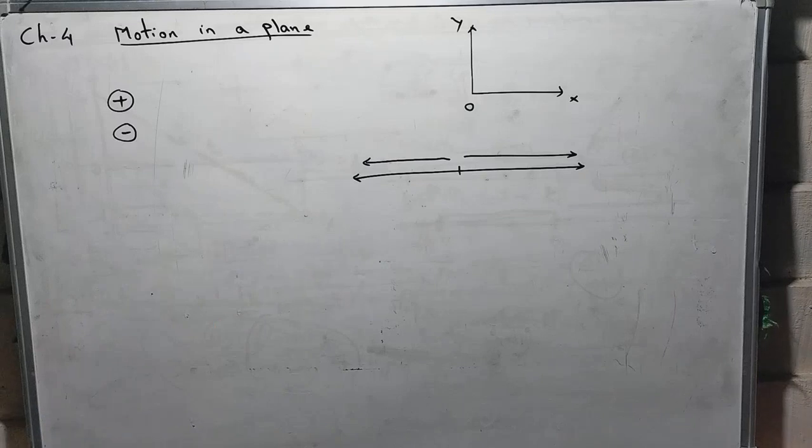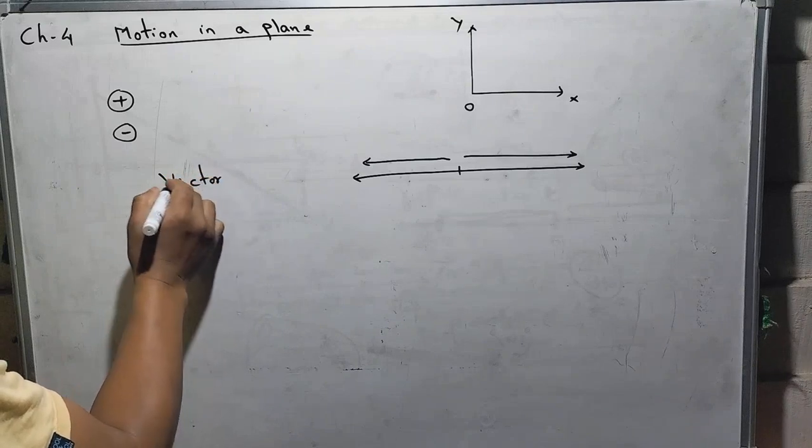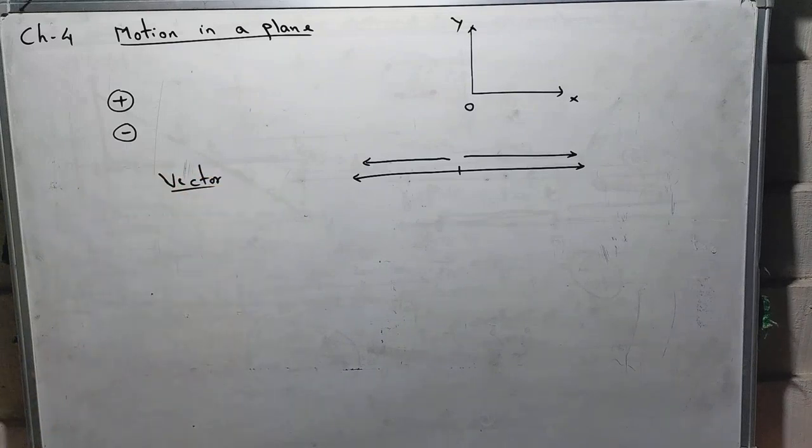So in that case, we need to introduce a new term called vector. With the help of this vector quantity, we can tell about the directions of motion of a body. All right. So without wasting our time, straightforward, we will go to vector.